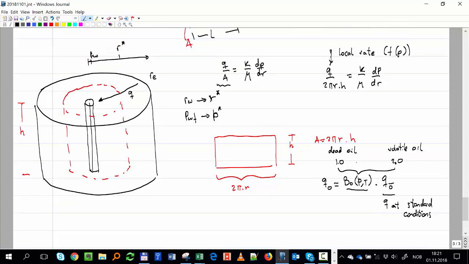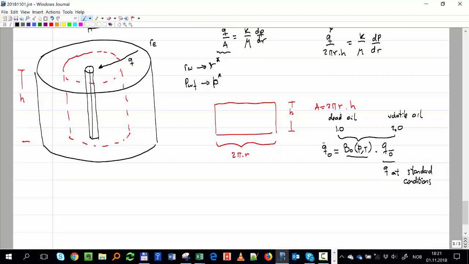Now I have that, so I can express the local rate. Let's express it. So we say Q, that will be BO times QO divided by 2 pi r h, equal to k over mu o dP dr. And we are ready to integrate.